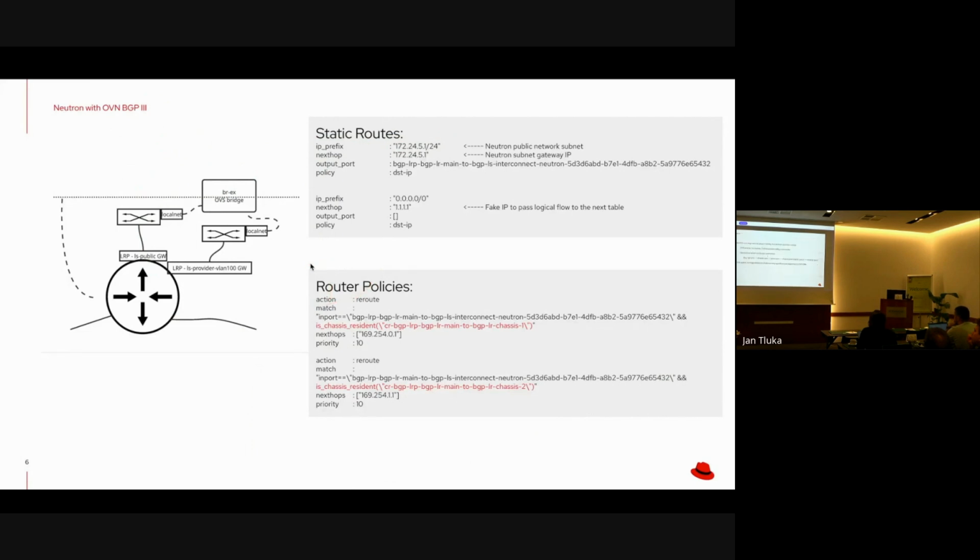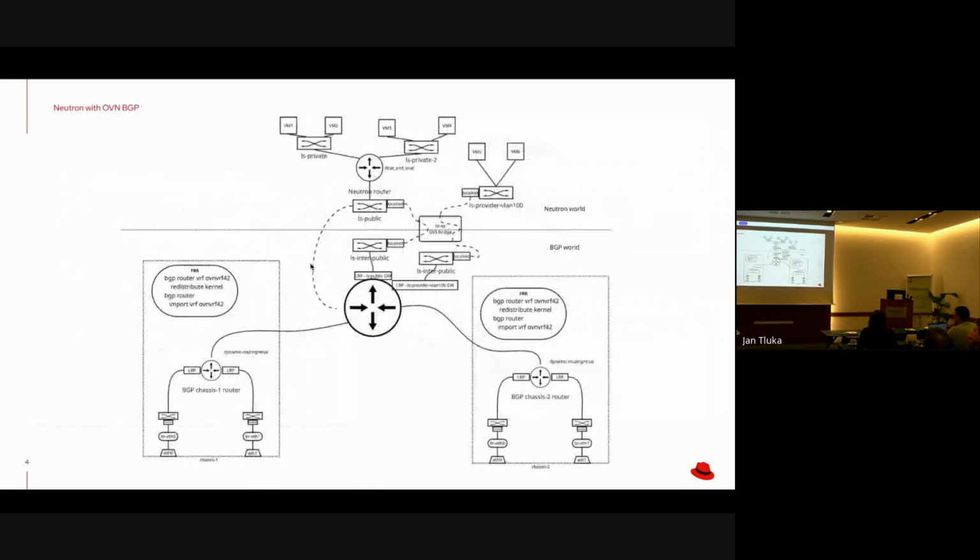And the last thing I wanted to mention, if I go back, is that you might have noticed there's this dashed line between the main BGP router and the Neutron switch, that is the Neutron public network. And that is a trick to somehow connect this BGP router and the Neutron router.